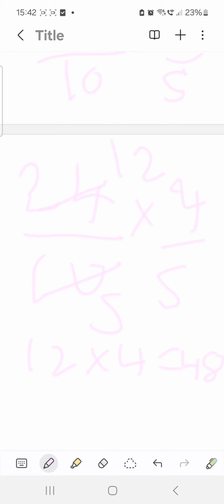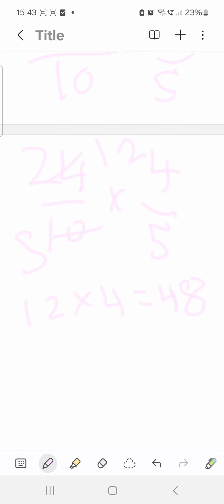48. I don't have great space, but it's alright. Let me write this a bit smaller if I can, because I'm using a great amount of space. So let's write that again.